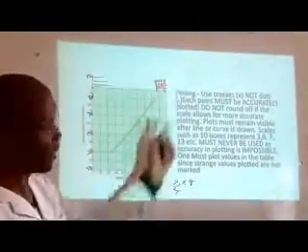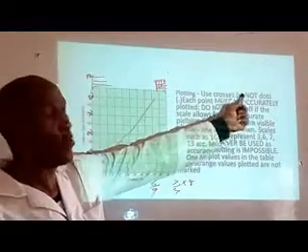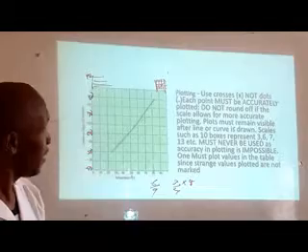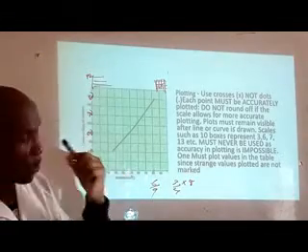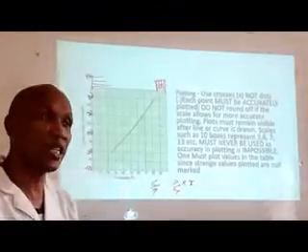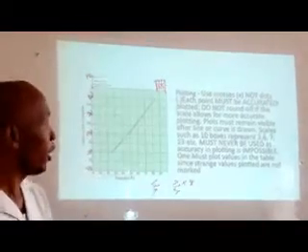Now what else about that graph? The other point is plotting. It is better to use crosses rather than dots. Why do I say that? Because dots tend to disappear when you draw the line or the curve. They tend not to be visible. And if the point is not visible, then it's not there.